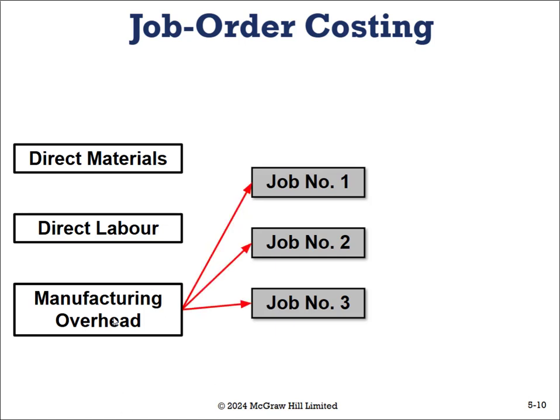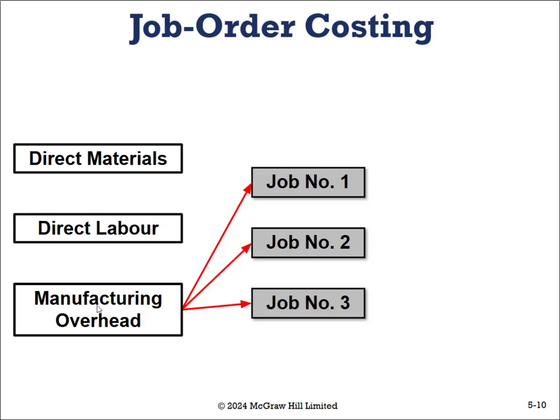Manufacturing overhead is our indirect costs: indirect materials, indirect labor, items such as supervisor salary, manufacturing plant rent, manufacturing plant utilities, property taxes, depreciation from manufacturing equipment, and so on.